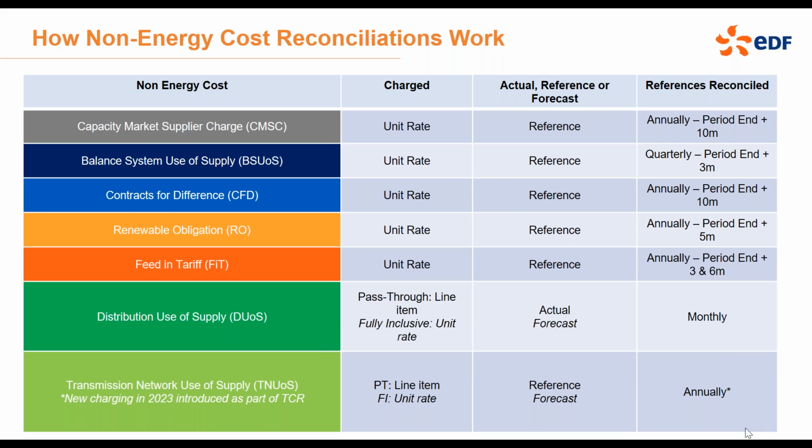So a quick note about how we go about setting those reference prices. We use all of our relevant industry insight and tracking of these schemes to model and forecast all of the factors that could influence any one of these individual costs.